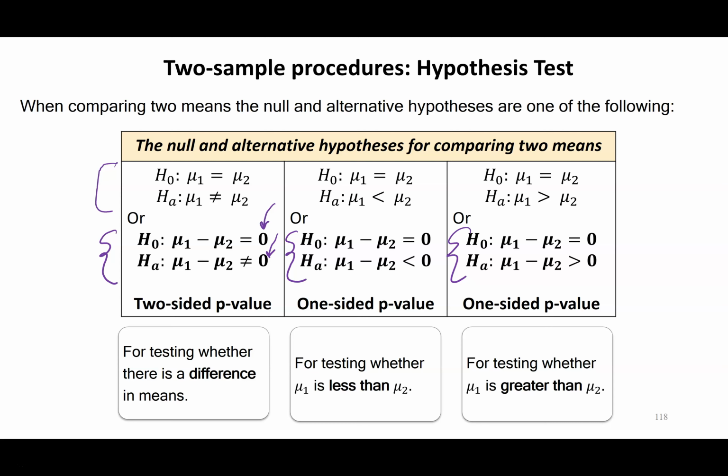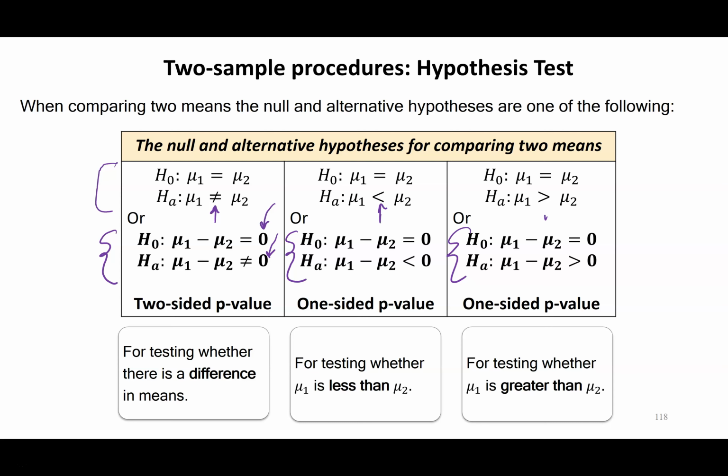By default, that's the assumption. And our alternative will say, well, no, they're not equal. So this is the scenario where you want to know if there's a difference. Maybe you just want to see if one's different from the other, and you don't have a specific claim like, oh, I think that the mean is higher in population 1 versus 2. That's when you go with a two-sided.